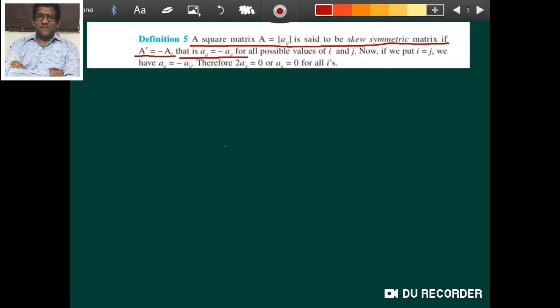Skew symmetric matrices. A square matrix A is said to be a skew symmetric matrix if A dash is equal to minus A. That is, a_ji is equal to minus a_ij for all possible values of i and j. Let A be the given matrix.